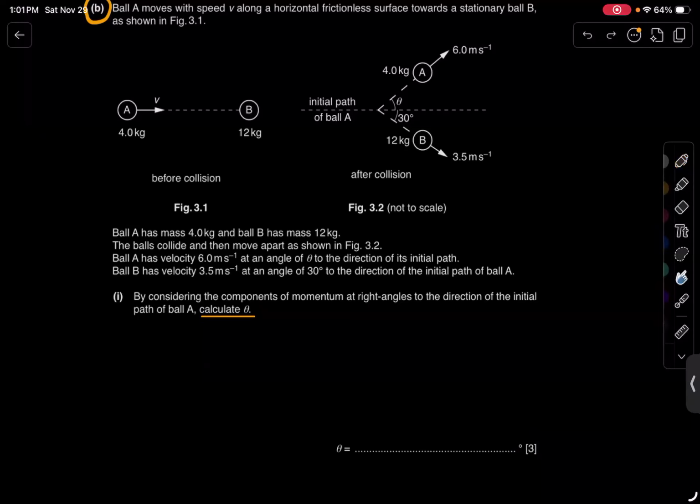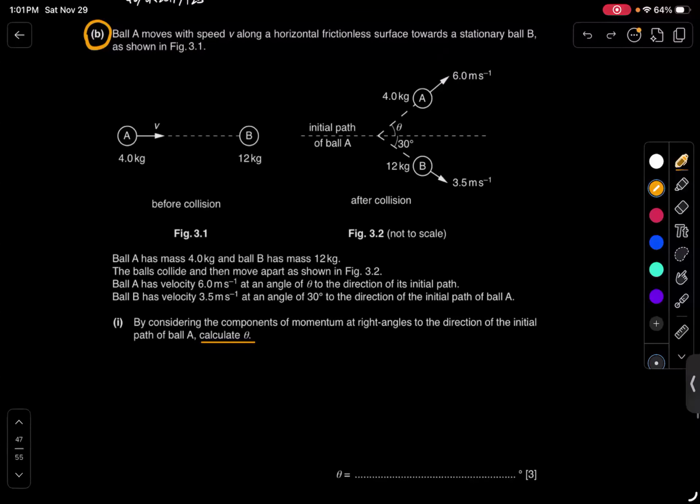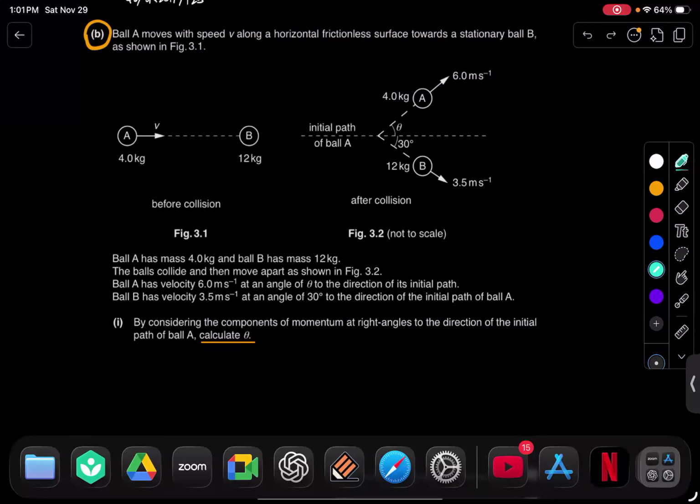We've done 2 to 3 very similar examples, and I want you to apply that in finding theta. Try to use vertical conservation and horizontal conservation and vector resolution. You will be able to find out. In fact, it's much easier than the examples that we've done. I'll be back in 5 minutes.